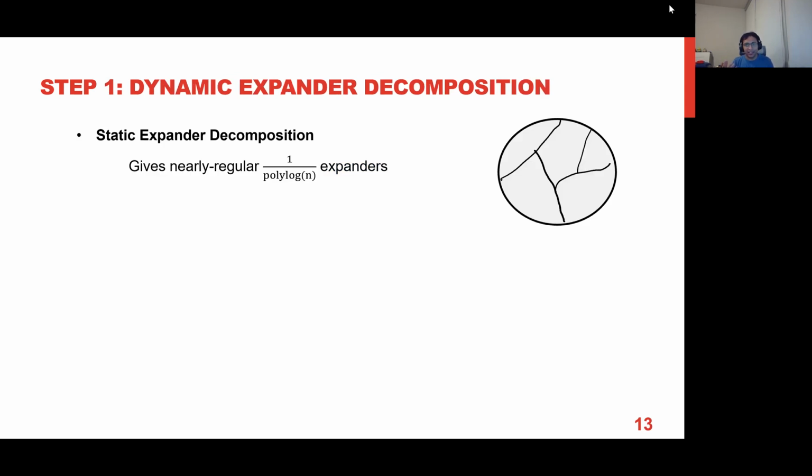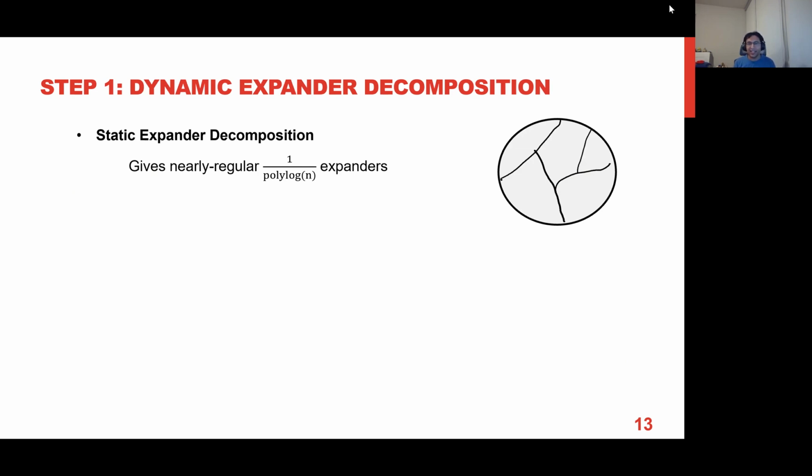So first, let's recall what static expander decomposition is, where the graph is fixed and you just decompose it into a bunch of disjoint expanders. There are many results known in this area, starting from the works of Dan Spielman and Shang-Hua Teng for Laplacian solvers. So this is very well understood. When the graphs are fixed, you can decompose it into a bunch of disjoint 1 over polylog expanders.